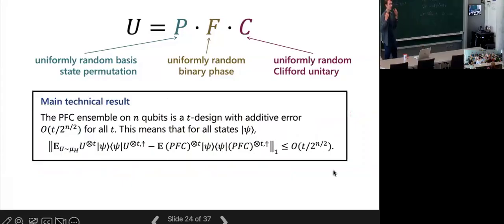This works for all T, but once T becomes bigger than 2 to the n over 2, it's a trivial statement. So this is where I said earlier we get it up to T of 2 to the n over 2.0001. This is where this comes from, because as long as T is an exponential that's smaller than 2 to the n over 2, this is exponentially decaying error.